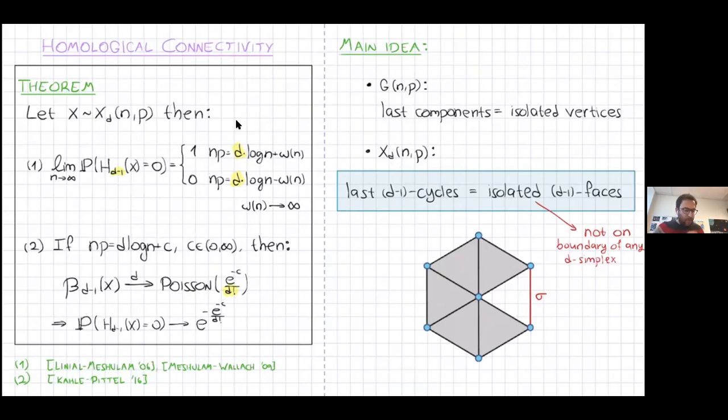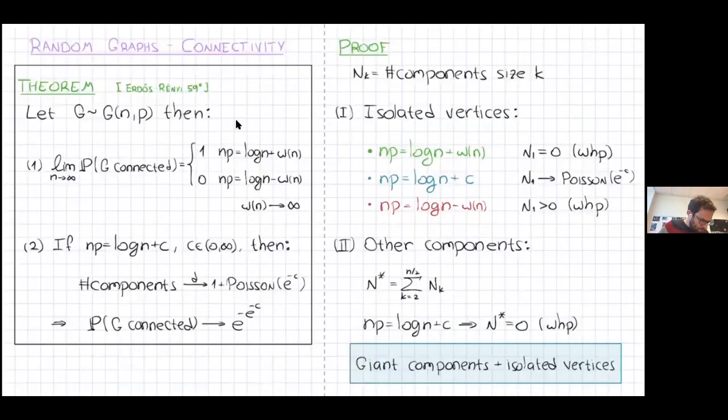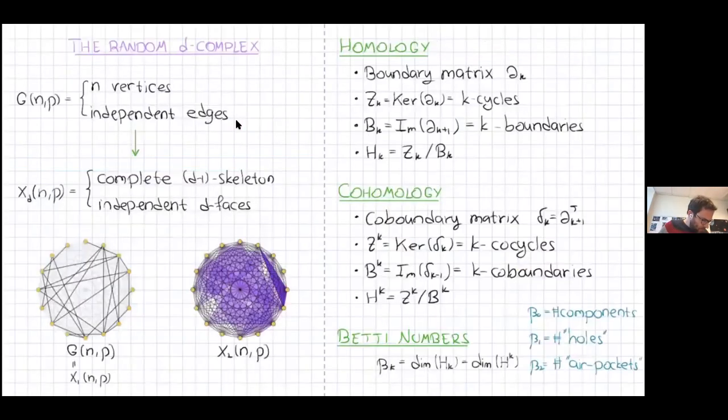And similarly, the proof here includes the observation that, what are we looking at here? Maybe I should scroll back to the picture. Right, this is in dimension 2. We start when we have no triangles, so we have many holes.